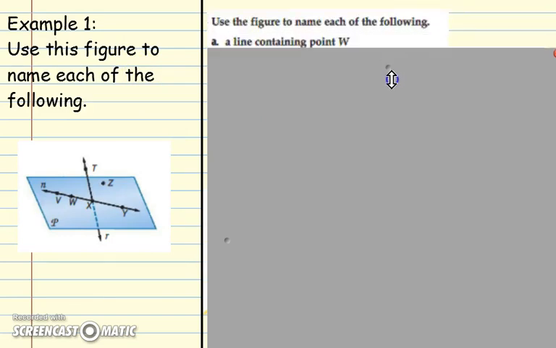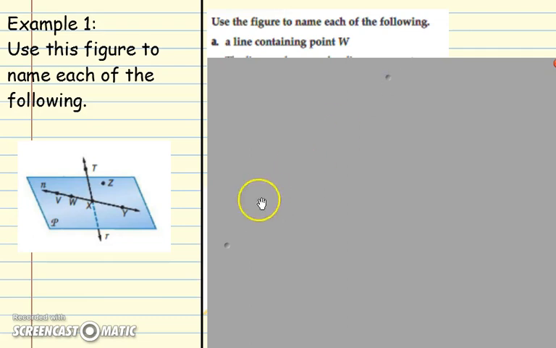So we need to name a line that contains point W. Over here we have point W. And we have a lot of different names we can say for this. First of all, we've got the little lowercase letter next to the line, named N. So we could call it line N. Or we could use 2 points.